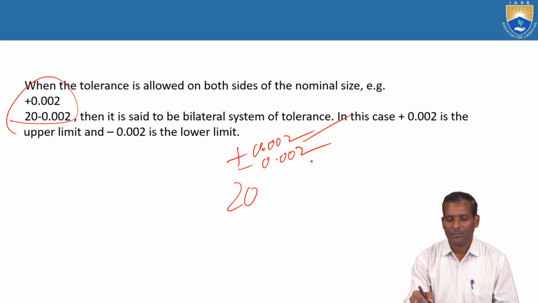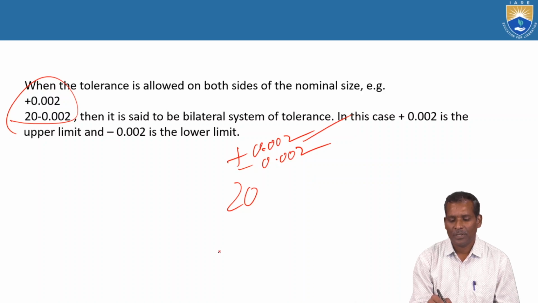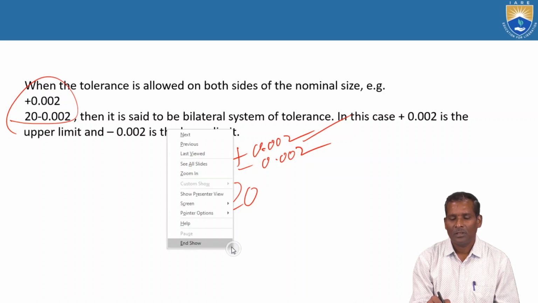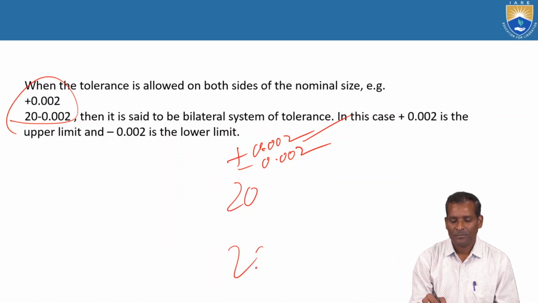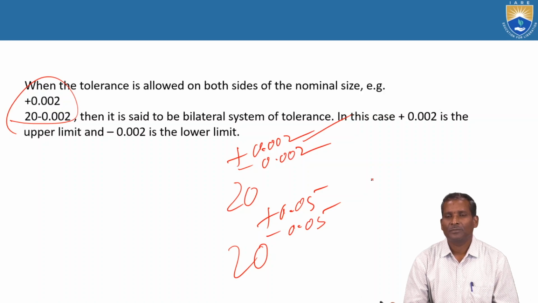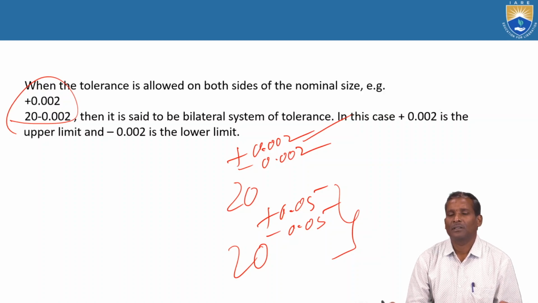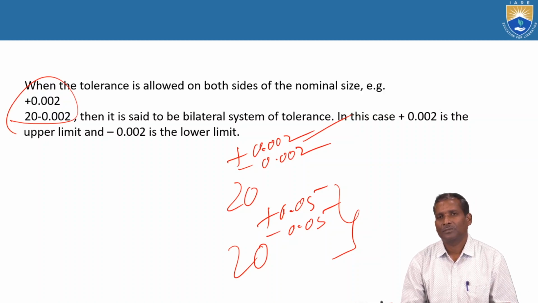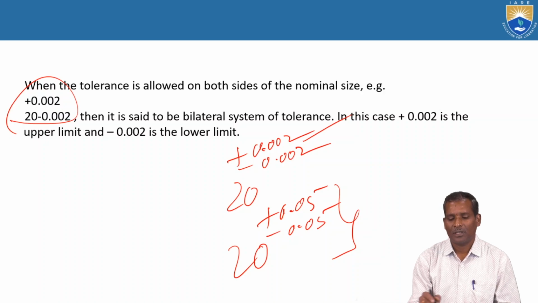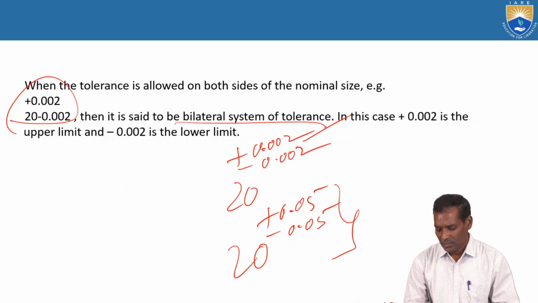The difference between these two is called tolerance. You may take another example, 20 plus 0.05 minus 0.04. So both sides of the nominal size, plus and negative. This type of tolerance is called bilateral system tolerance.